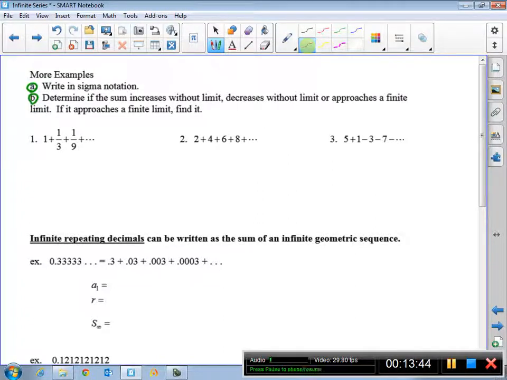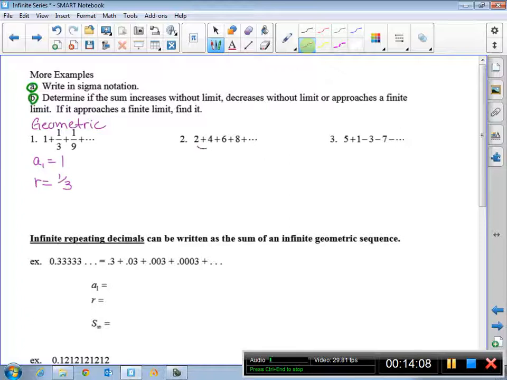So this first one, the first term is 1, and then I have a 3rd and a 9th. Can you tell? It's geometric, and the R value is, what am I multiplying by to get from term to term? 1/3. So that's definitely geometric, and we'll have to work with that one.